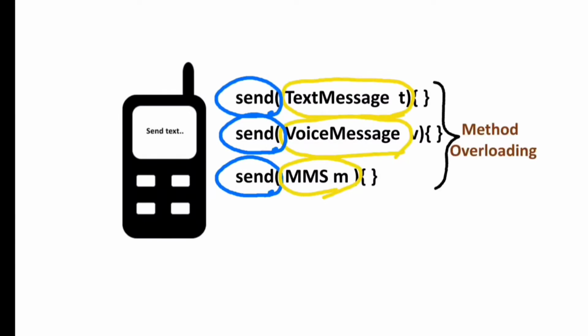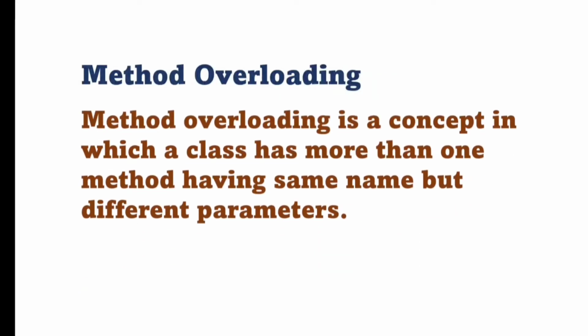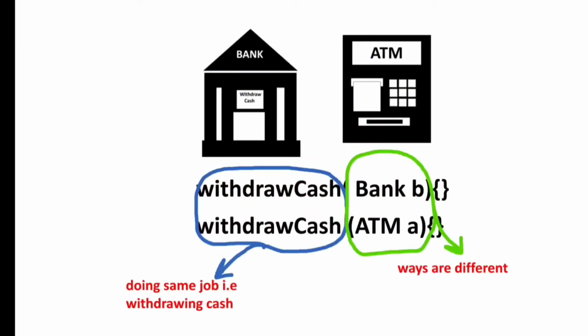So basically the technical definition of method overloading is a concept in which a class has more than one method having the same name but different parameters. As we discussed earlier, we can withdraw cash through a bank and we can withdraw cash through an ATM also. So in this scenario, both methods do the same job but the ways are different, that is, the behaviors are different.